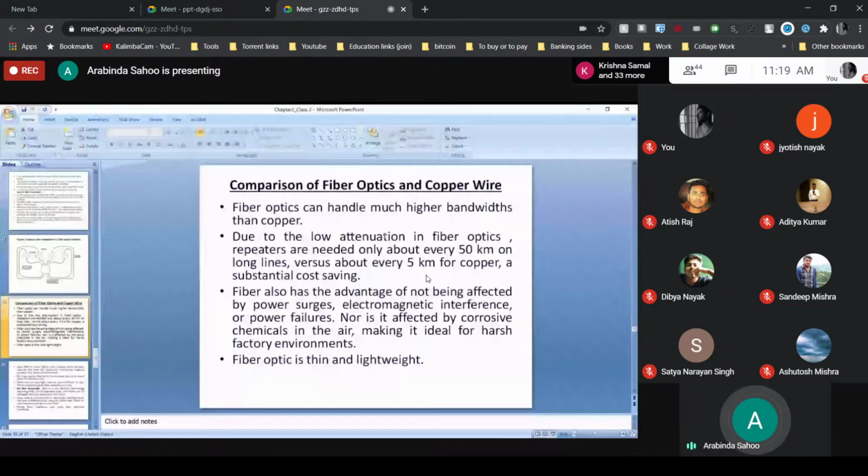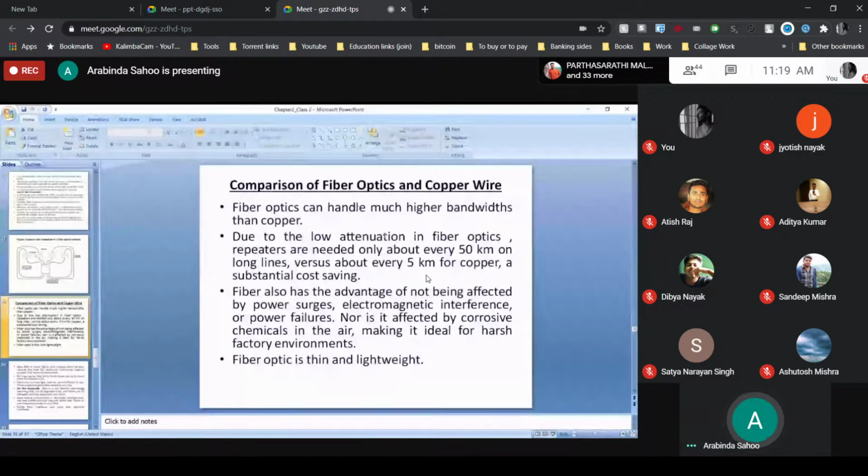So I'll write down the comparison of fiber optics and copper wire. If you compare fiber optics with copper wire, these are the advantages associated with fiber optics.